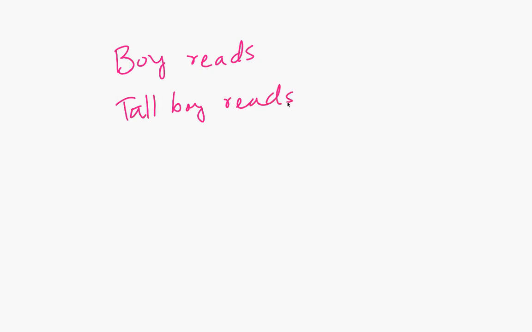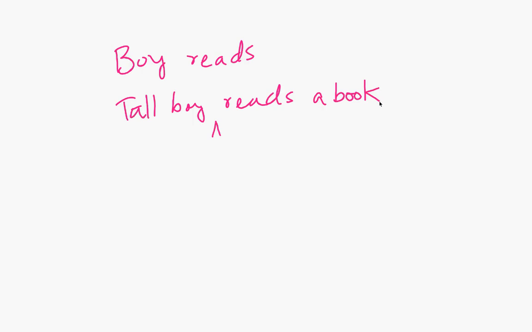Now there could be more words in this sentence telling something more about this action. Like tall boy reads, what does he read? What question comes, right? What is he reading? So we can also add tall boy reads a book, right? Tall boy reads a book.